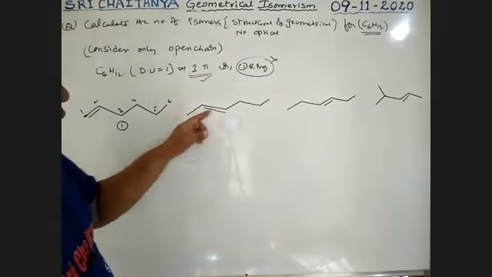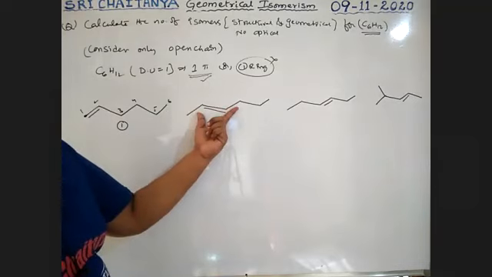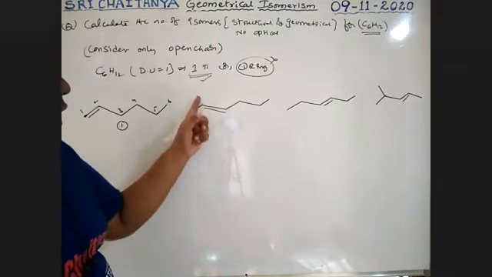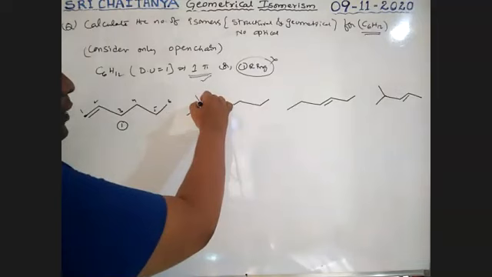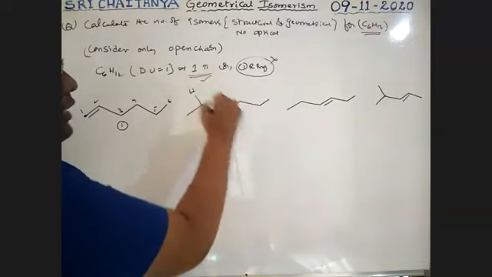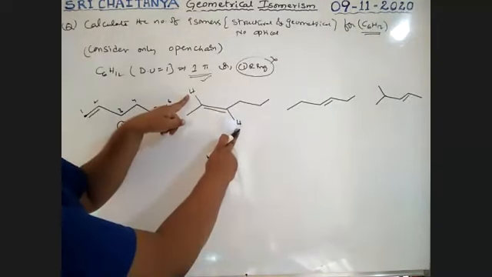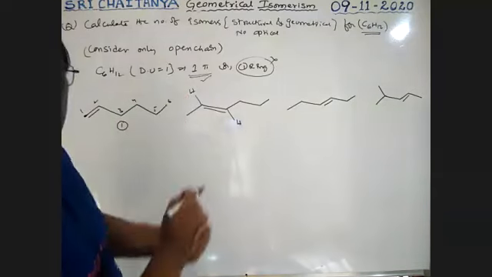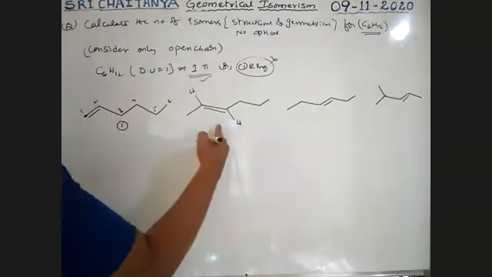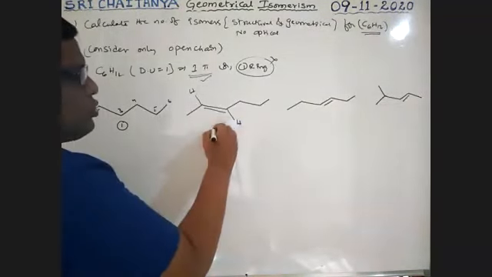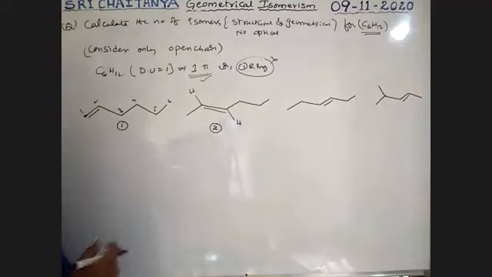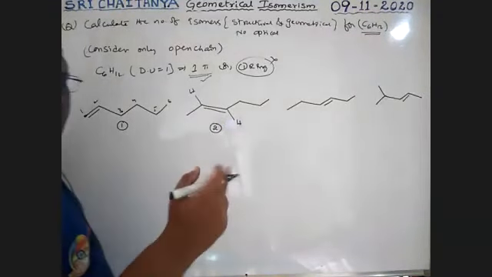Here it is the trans position, similar groups opposite, meaning bulky groups on opposite sides, and the hydrogens are on the same side for cis. So cis-trans isomerism exists here: 2 structures are possible, one cis and another trans.